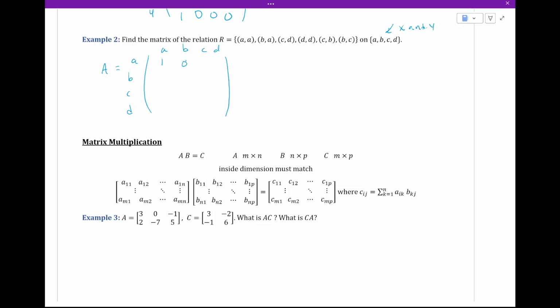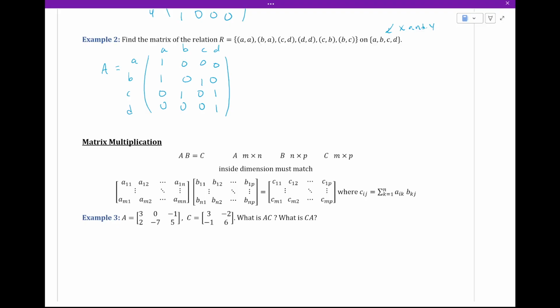No. So I'm going to do zeros. And then BA. And then BC. And then CD and CB. And then DD. So here is my matrix for this one. Matrix of the relation.